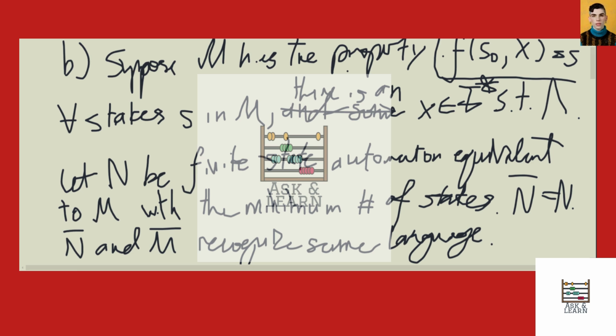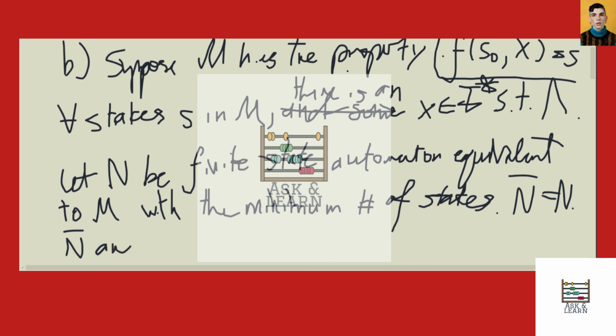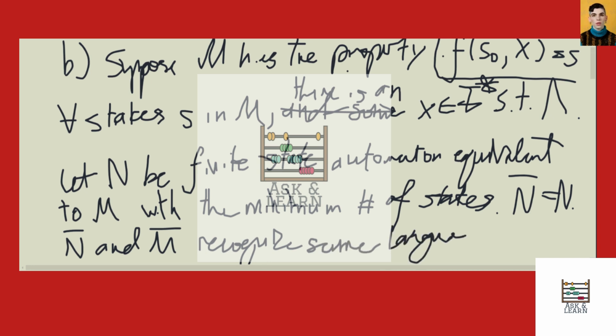So, N bar recognizes the same language as N, recognizes the same language as M, and therefore recognizes the same language as M bar.